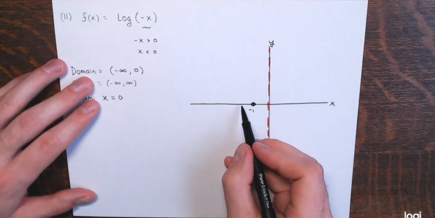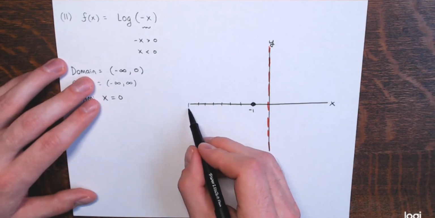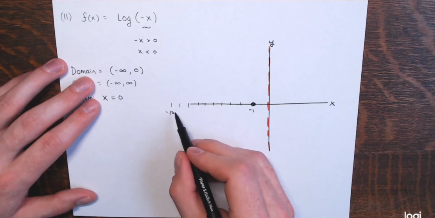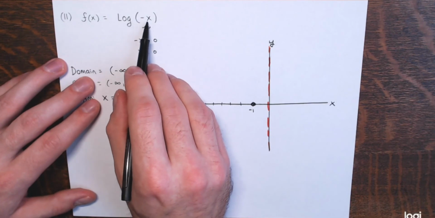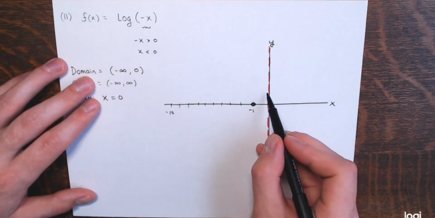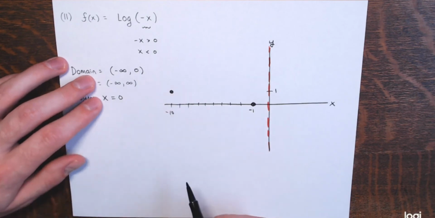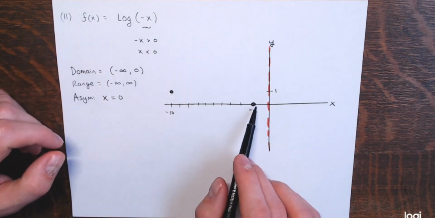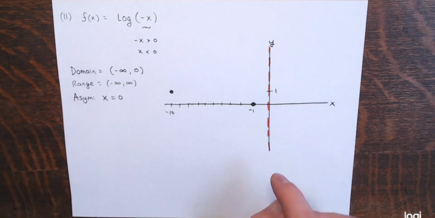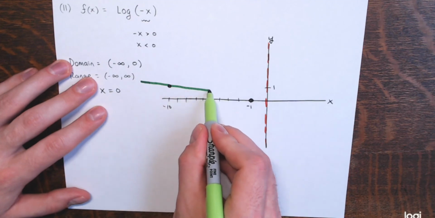And then negative 10. And again, this is a terrible hand drawing. But if I plug in negative 10, this becomes positive 10, and the log of 10 is 1. So (negative 10, 1) would be on the graph. And now we look like we have a decreasing function, right? As I move to the right, the points are going down, with the y-axis as an asymptote. Something like this.